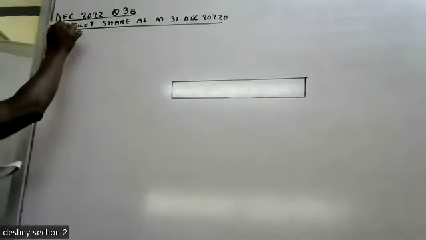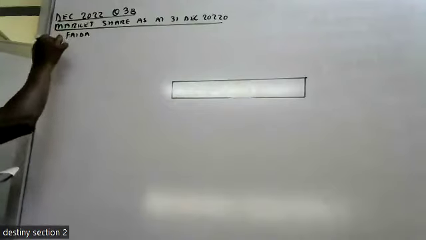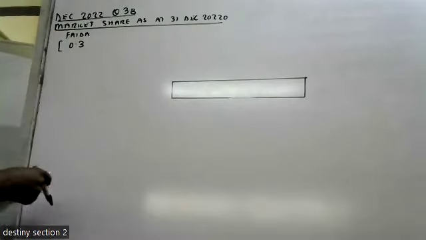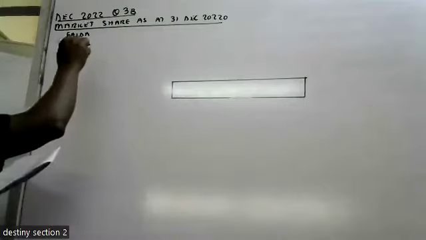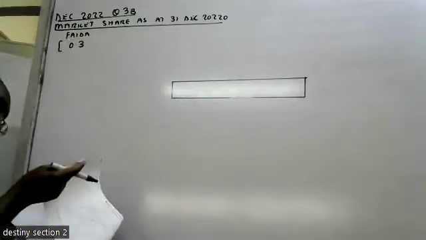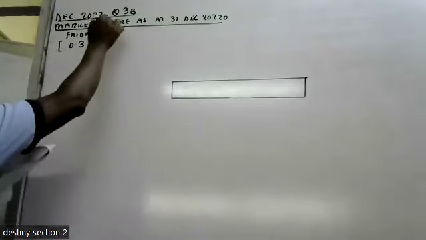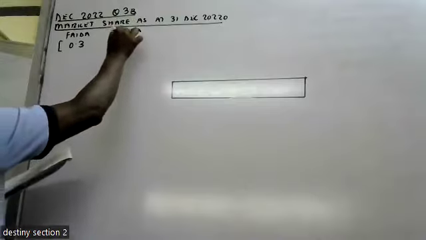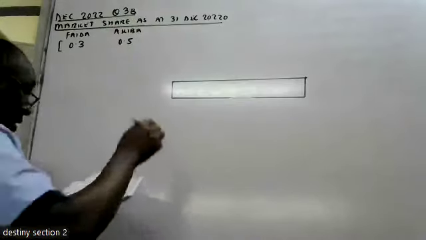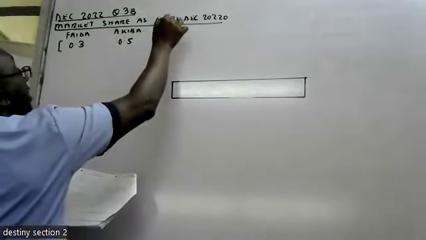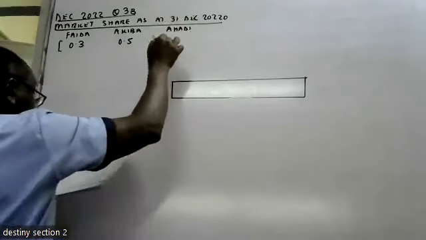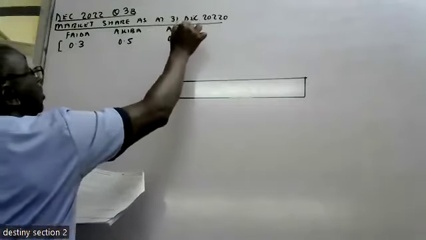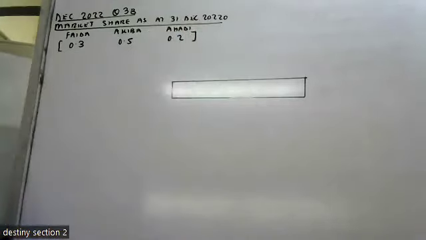There is one called Faida. Faida, we are told, commanded 30%, so that is 0.3. The other one is called Akiba. Akiba commanded 50%, 0.5. The other one, Ahadi, commanded 0.2. So that is our matrix. This is the current state.